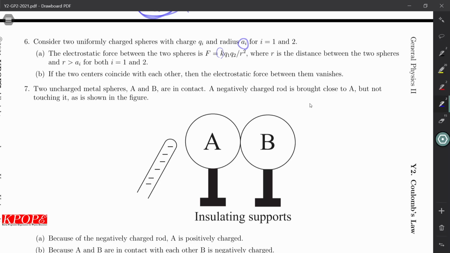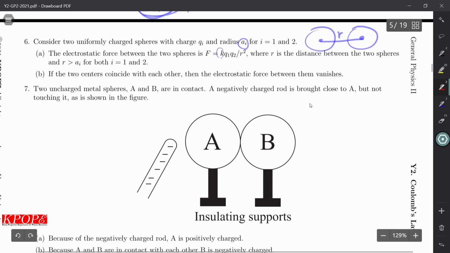Okay, we have two spheres, with center-to-center distance R. This is R, right? So this problem is related to the shell theorem. B. If the two centers coincide with each other, then the electrostatic force between them vanishes.